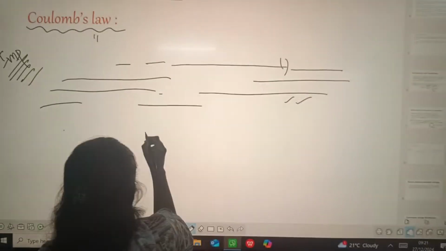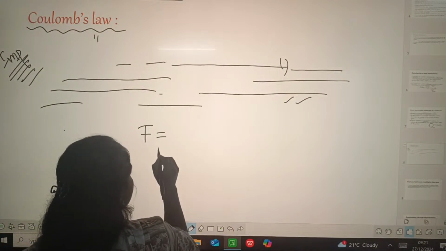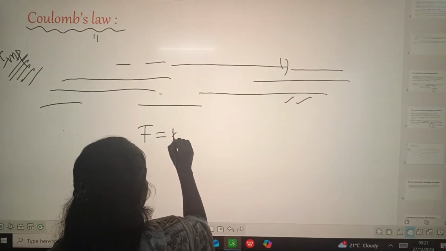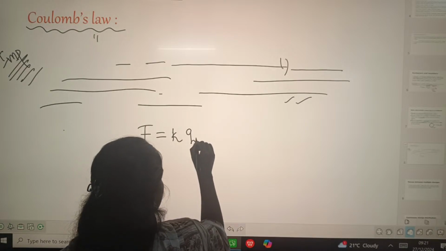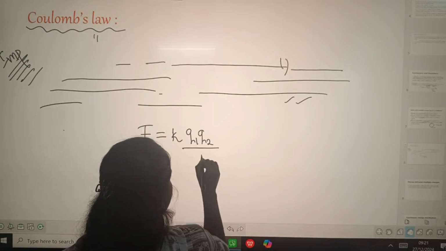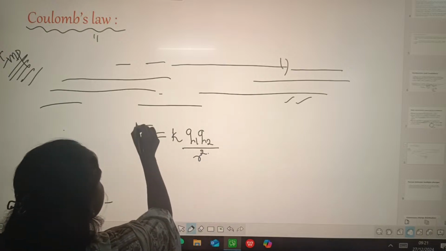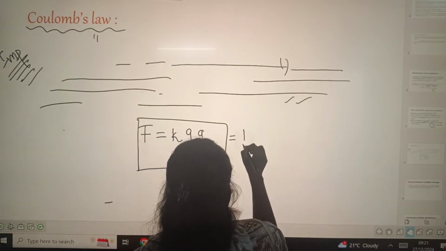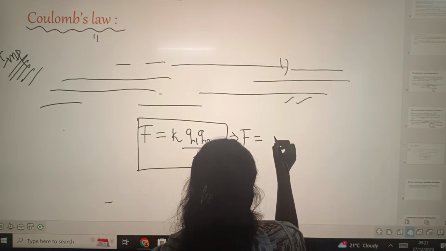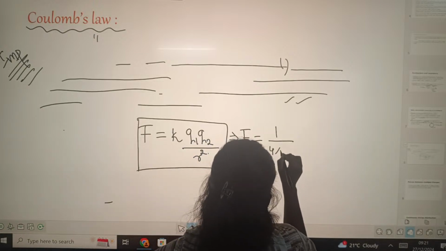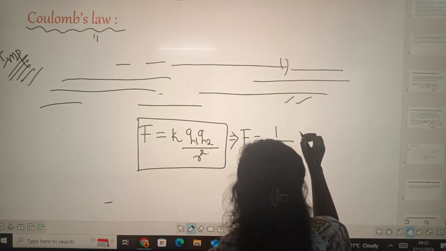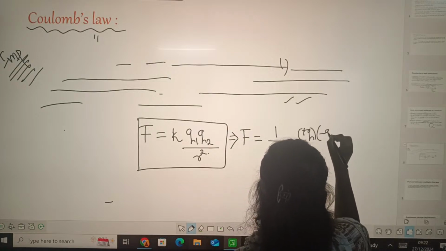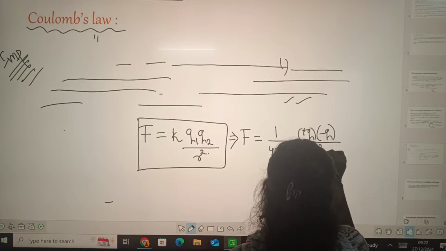I have said the force of electrostatic attraction between the two charges, with proportionality constant K, is equal to Q1 into Q2 divided by the square of the distance between them. This is Coulomb's law. In a simplified manner, F is equal to 1 by 4 pi epsilon naught into plus Q and minus Q divided by the square of the distance.